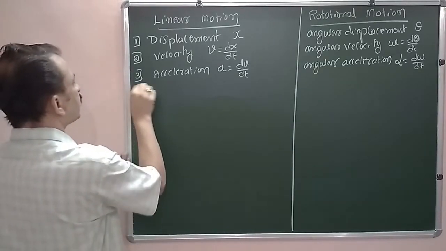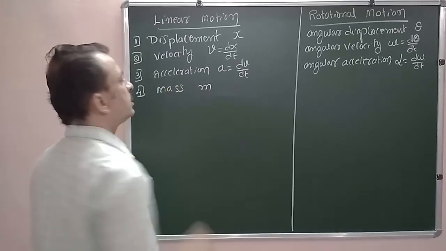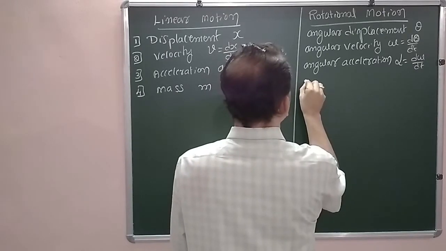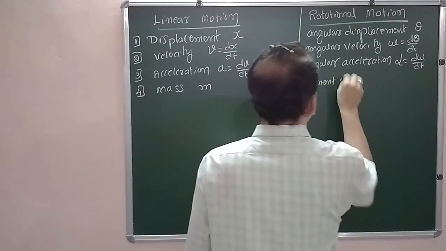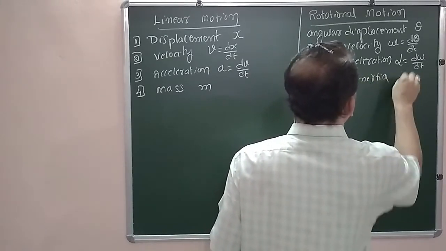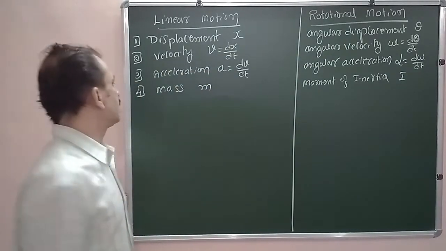And the fourth quantity we have is mass, denoted by the letter m. So here in rotational motion, it is moment of inertia, denoted by the letter I.